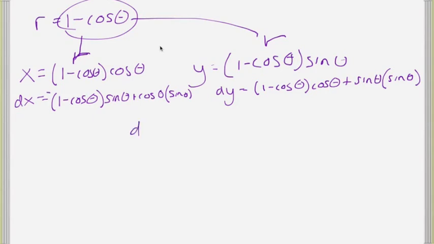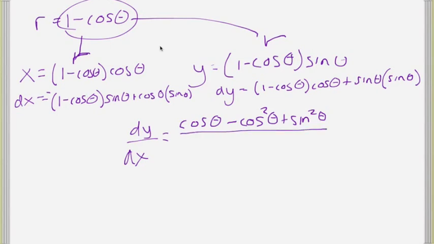So then the derivative is dy over dx. I'm going to do some distributing. I'm going to distribute the cosine. I get cosine of theta minus cosine squared of theta plus sine squared of theta. On the bottom, I'm going to get sine of theta minus cosine theta sine theta.